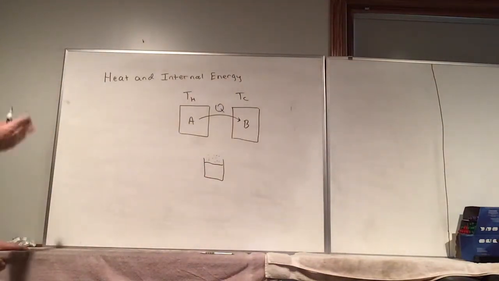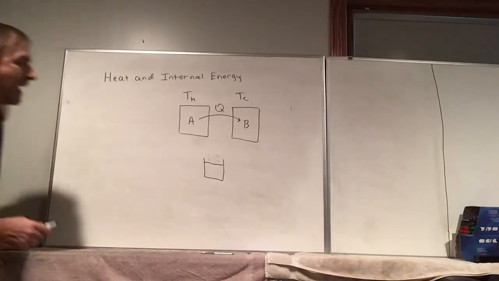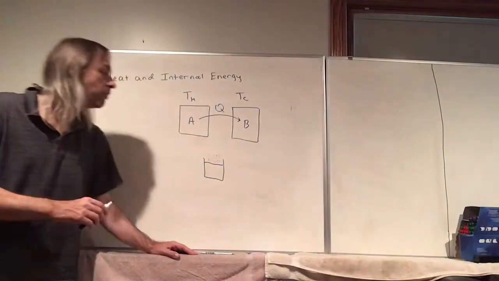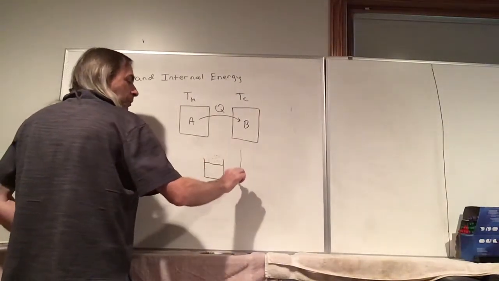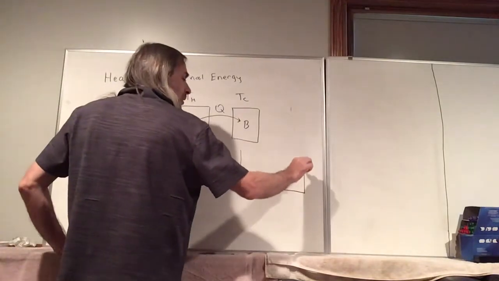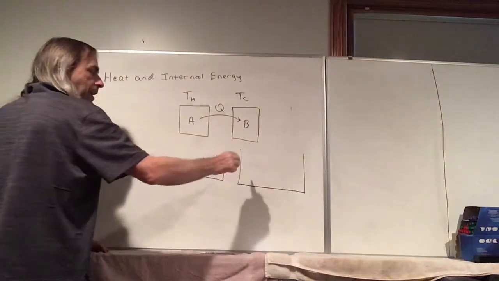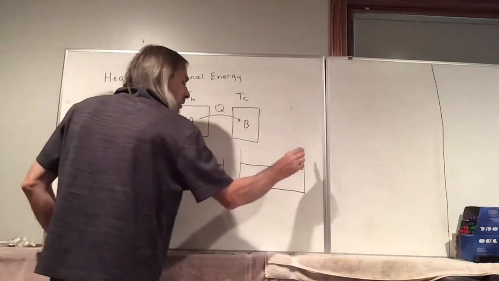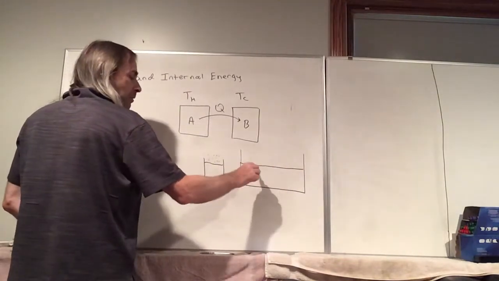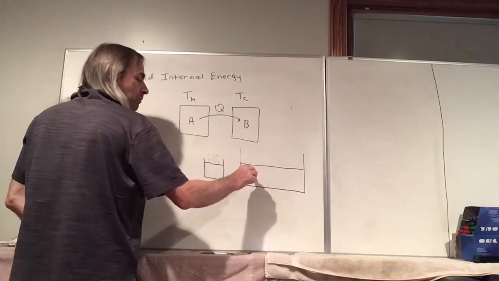Heat and temperature are words that are very commonly used, but we have to be a little careful in physics. So let's look at another example of how it could be misused. Let's say we have a cup of boiling water and a tub of room temperature water.